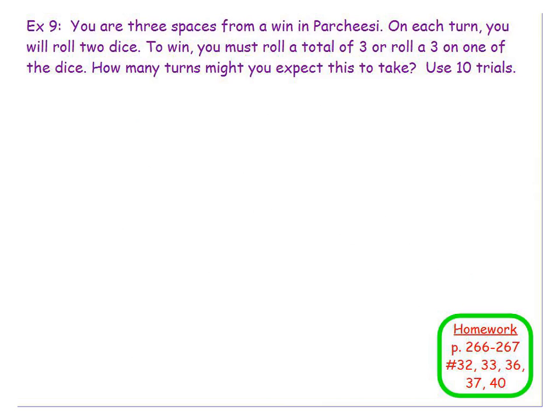You are 3 spaces from the win in Parcheesi. On each turn, you will roll 2 dice. To win, you must roll a total of 3 or roll a 3 on one of the dice. How many turns might you expect this to take? Use 10 trials. So we don't have percentages this time because we're focusing on dice.